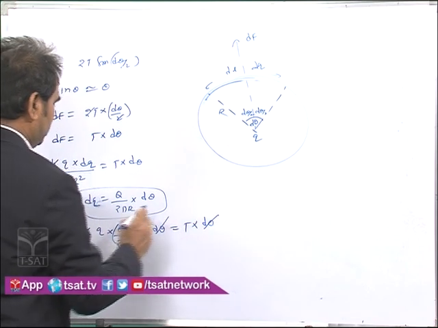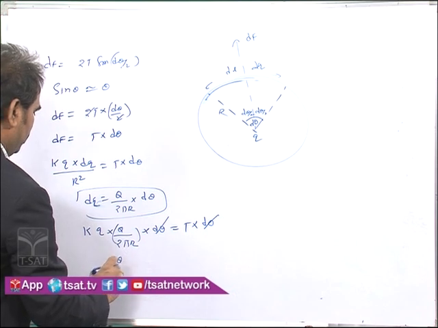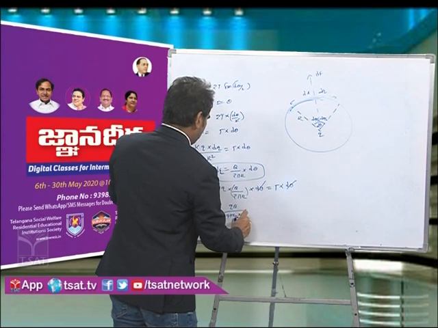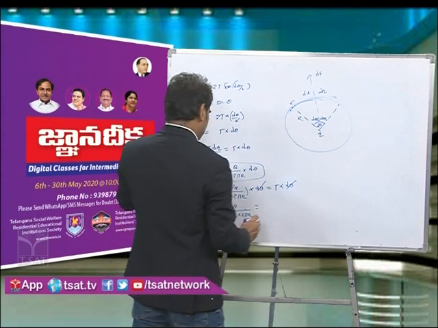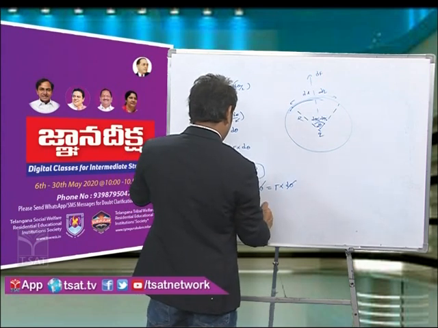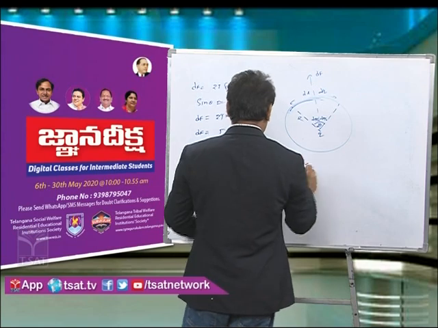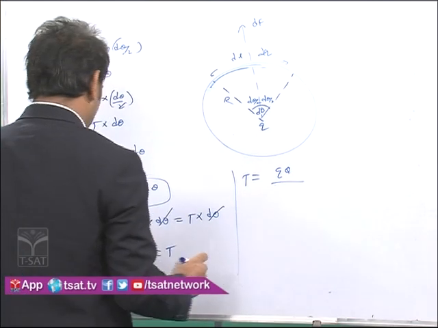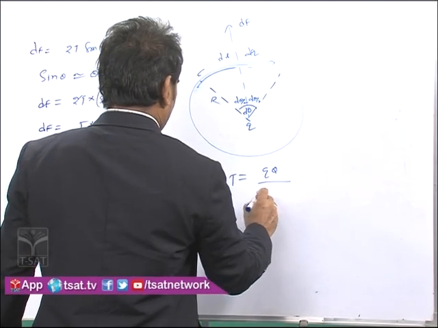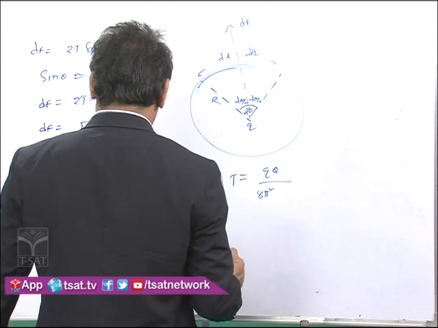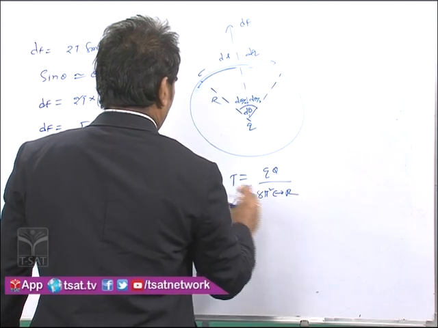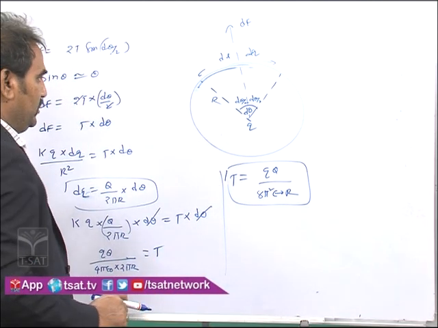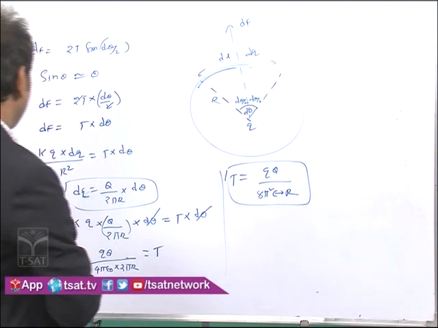On both sides d theta gets cancelled. The value of k is 1 by 4 pi epsilon naught, into 2 pi r. So the increment of the tensional force is given by T is equal to q Q upon 8 pi square epsilon naught r square.